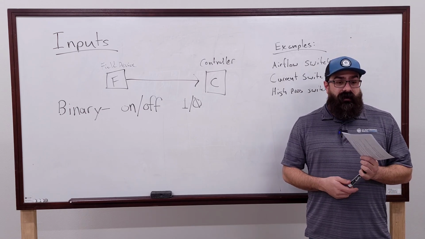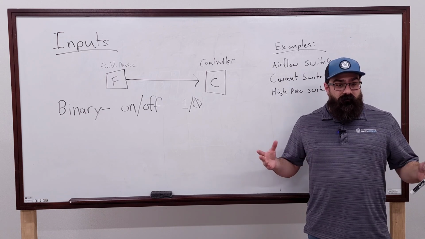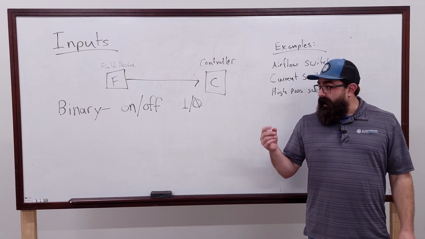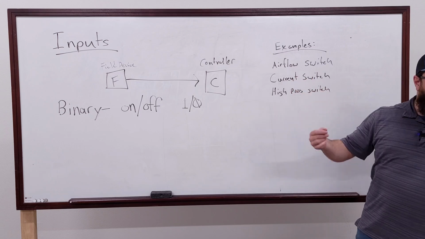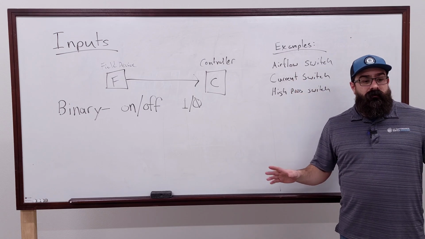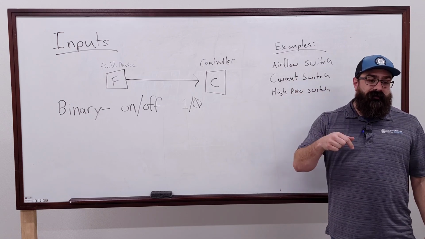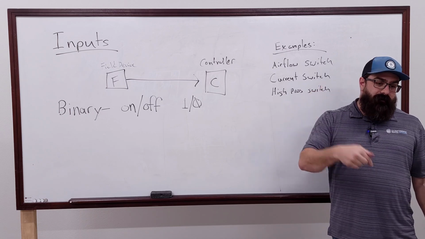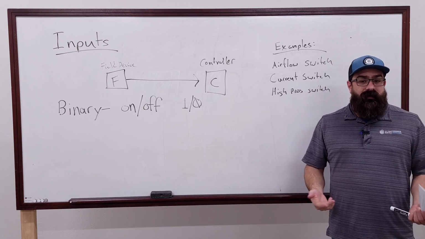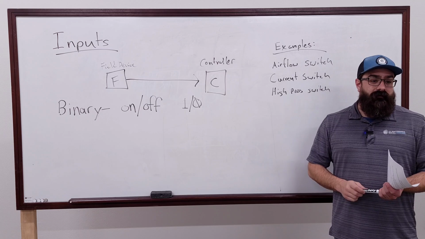So if you just put a dry set of contacts with no voltage present, like an airflow switch with a reed switch on it, it won't do anything. You have to put voltage through that reed switch to come back into the controller for it to recognize that it has a contact closure.